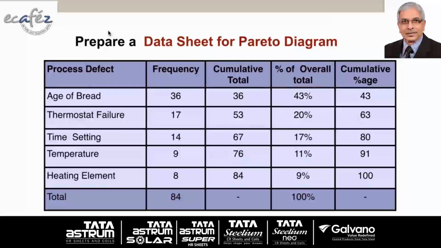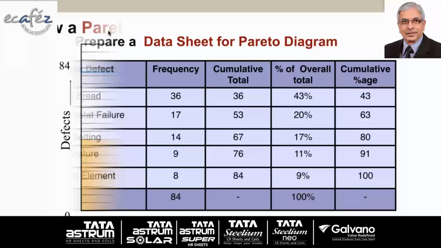The frequency from the last data sheet we got, and then cumulative you have to go on adding: 36, add 17 to get 53, then you add another 14, you get 67, in this way for the frequency, then cumulative total, then percentage of overall total, you take out 36 out of 84, and then cumulative percentage of this one. So you are making this type of table for the Pareto diagram and taking out the cumulative percentage and cumulative total. And based on that, you are drawing a diagram like this one.